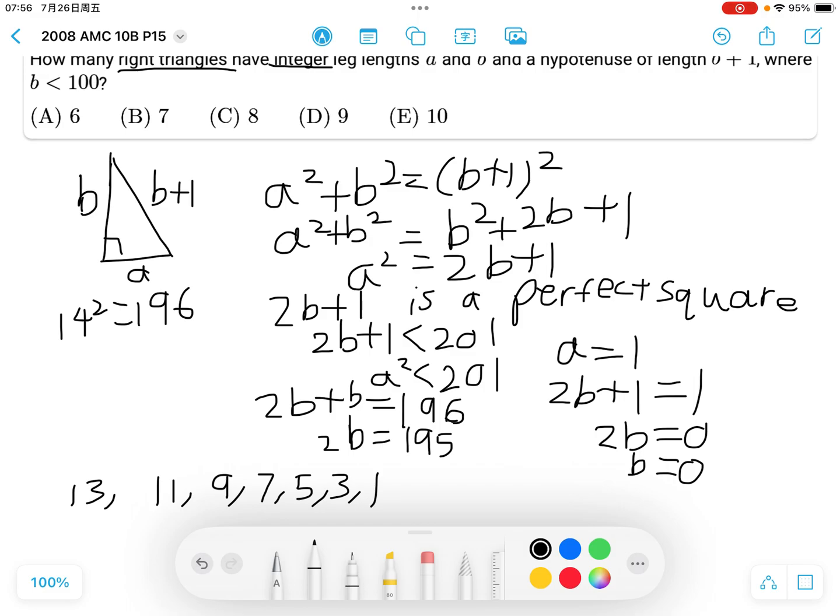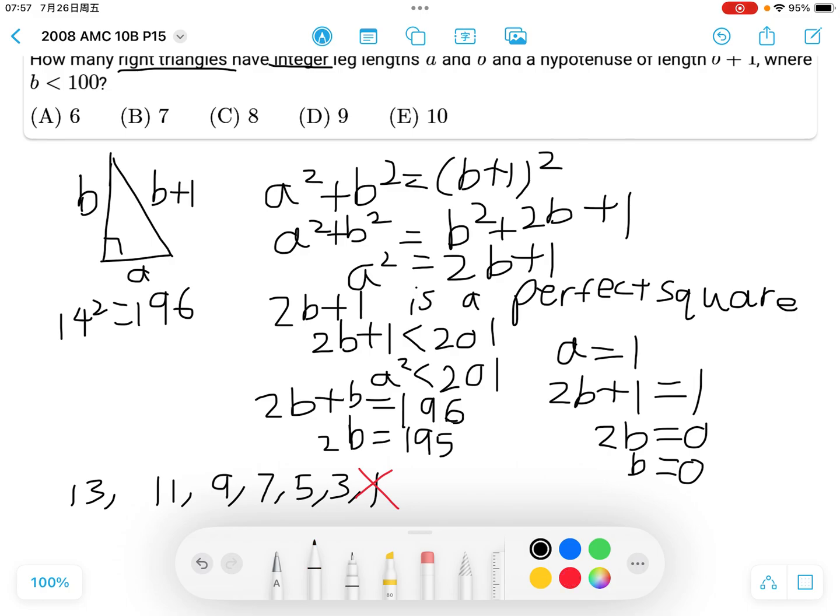However, when b is 0, we don't have a length here. So the whole a, b, b plus 1 thing is not even a triangle. It is not a right triangle. So b equals 0 and a equals 1 is not a valid solution, so we'll have to cancel 1 out from our solution set.